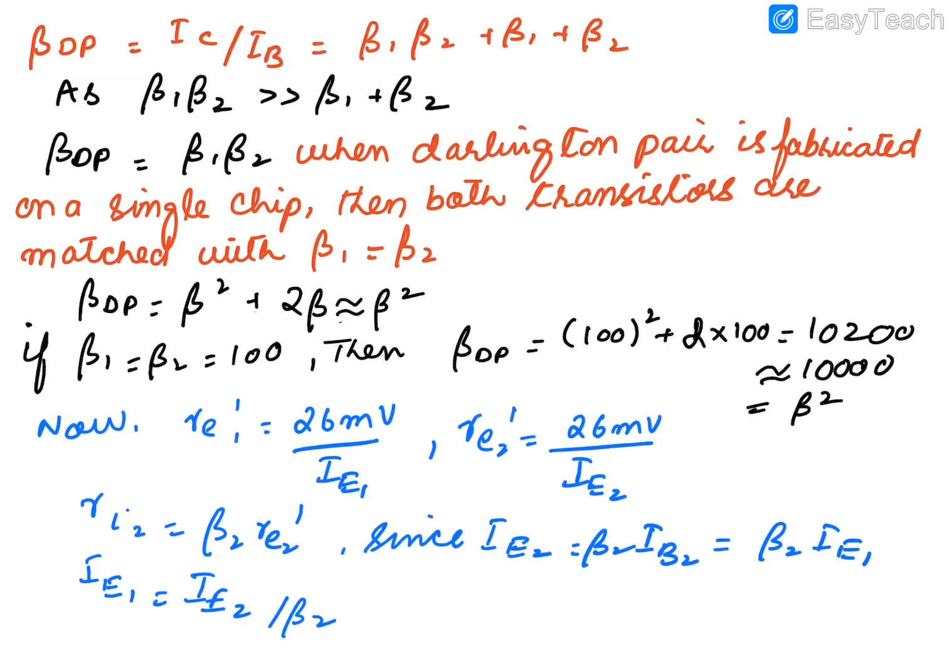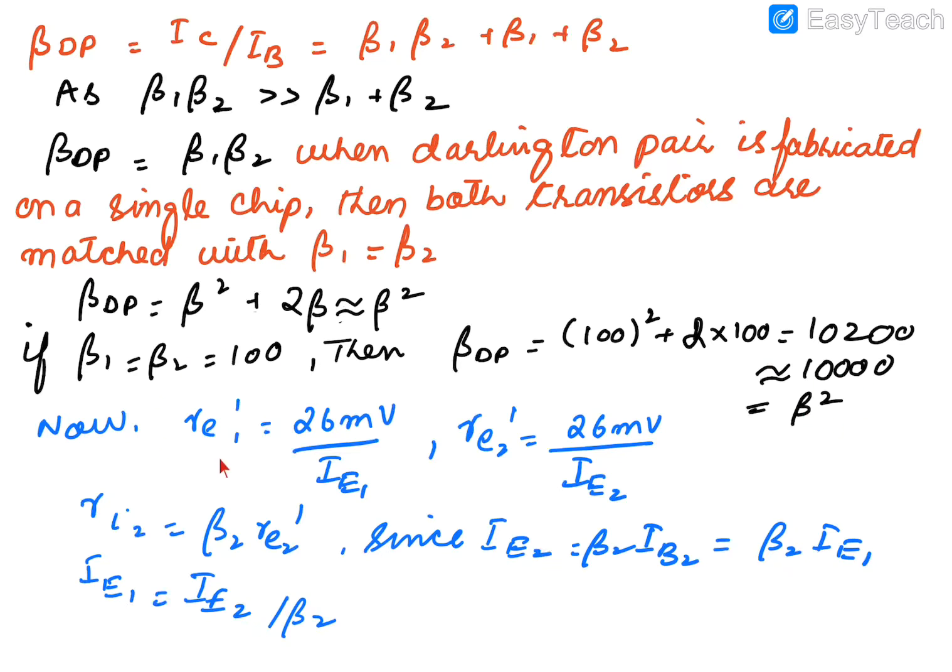When a Darlington pair is fabricated on a single chip, both transistors are matched, with beta 1 equal to beta 2. In this case, the beta of the Darlington pair will be equal to beta square plus 2 beta, which is approximately equal to beta square. So if beta 1 is equal to beta 2 and is equal to 100, then the beta of the Darlington pair will be equal to 10,200, which is approximately 10,000. It is equal to beta square.